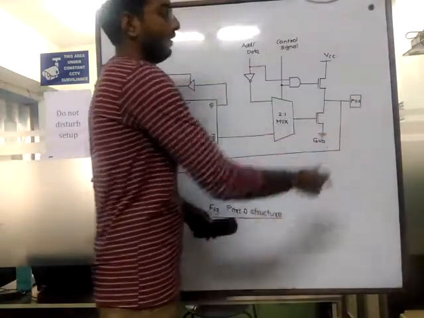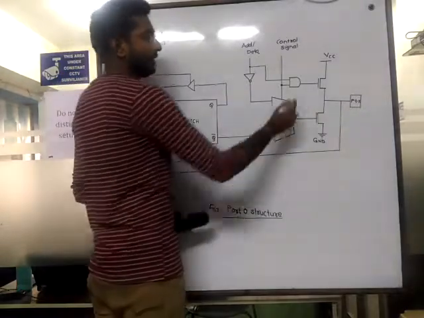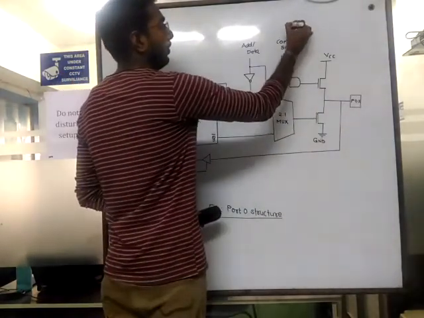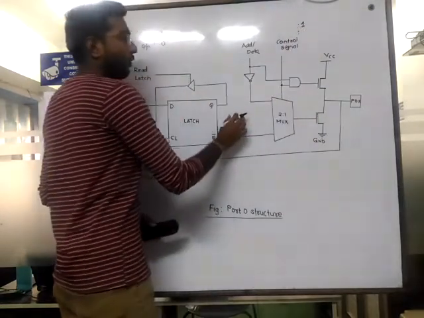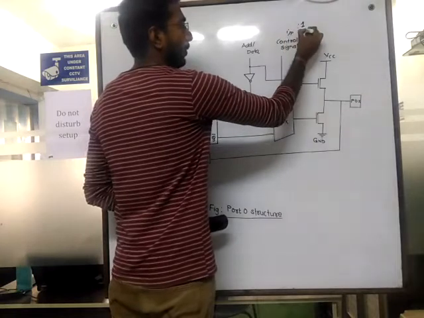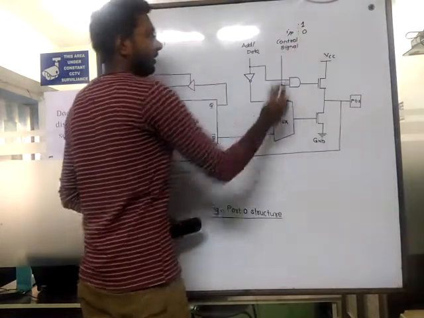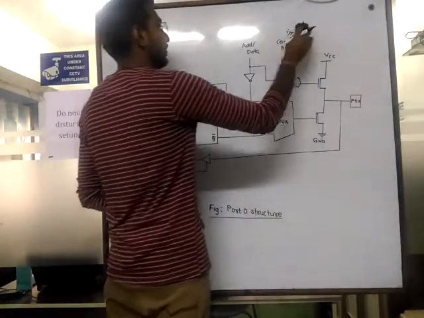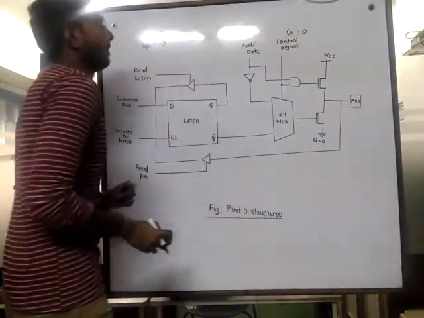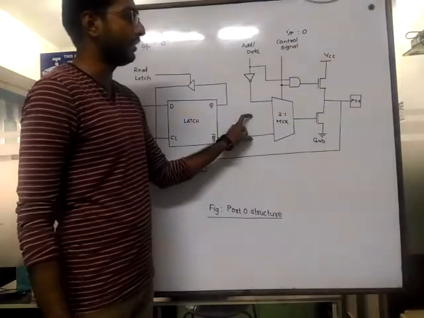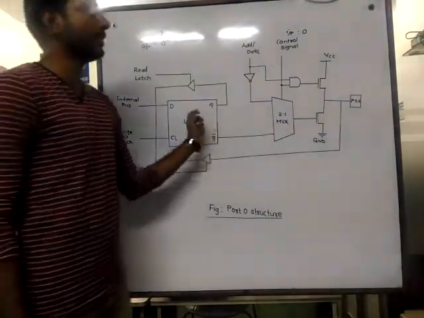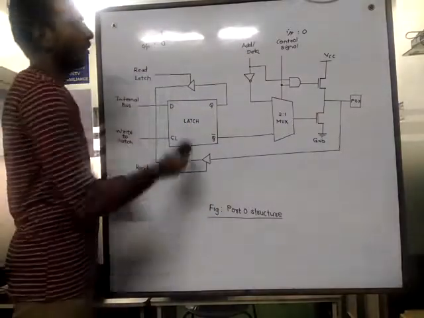So whenever we use this port as address lines, we will put 1, and whenever we want to configure this pin as input output, we will load 0 here. So for the sake of simplicity, let's say the control signal is always 0, and whenever we want to make this port an input, we will write 1. Whenever we want to make this port an output, we will write 0.